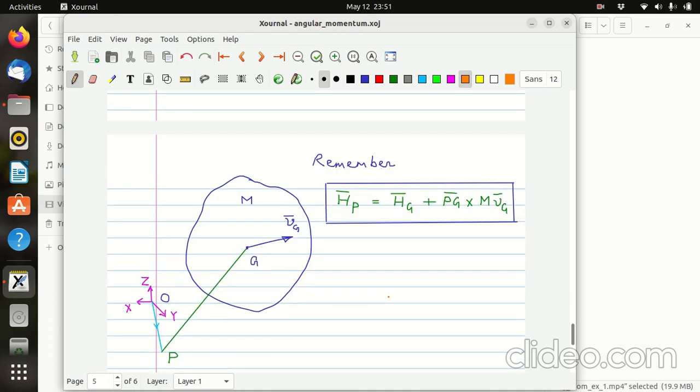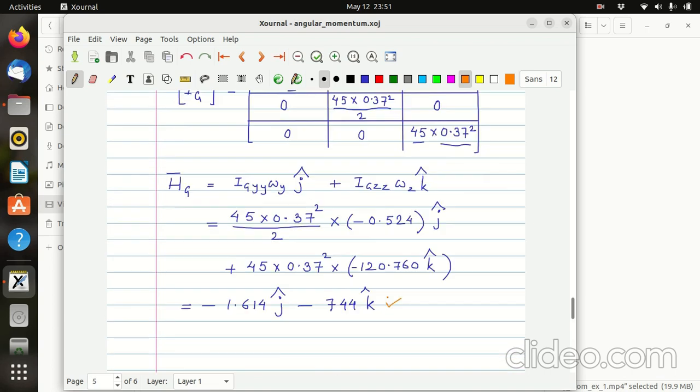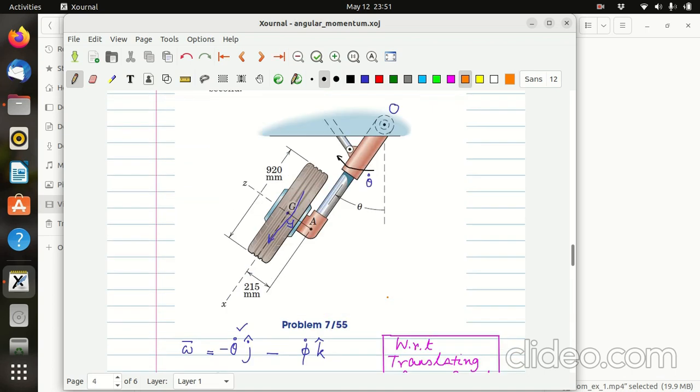So next they ask, what is the angular momentum about A? About any point, we know the angular momentum about G is the I matrix into the omega vector.